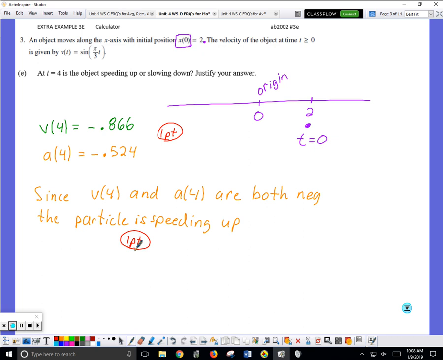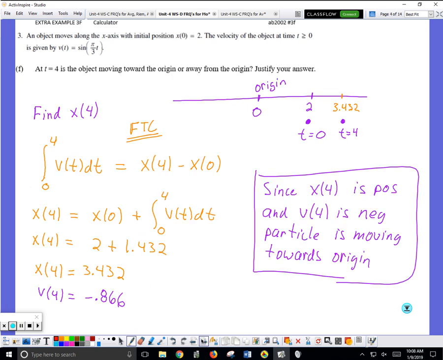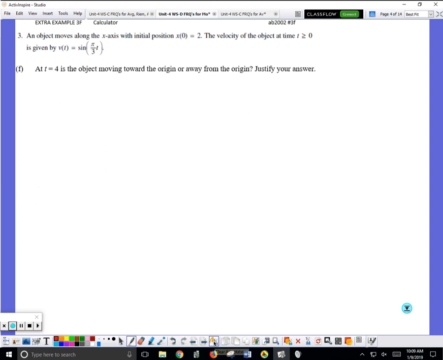Next one. So, extra example, 3F. At time equal 4, is the object moving toward the origin or away from the origin? Justify your answer. Okay, we figured out already that at time equal 4 the particle is moving left. So here's our line.